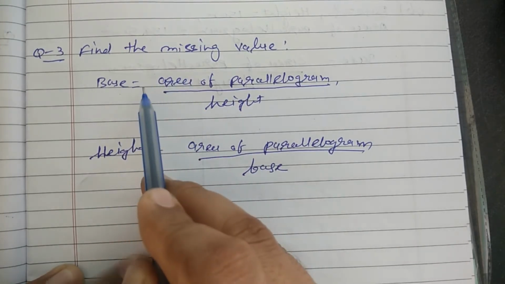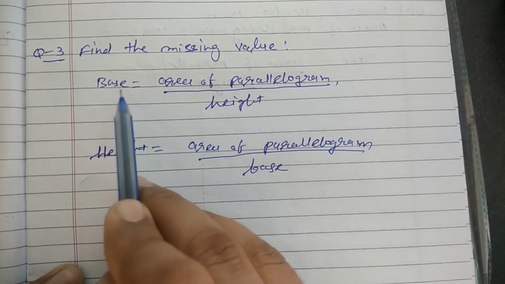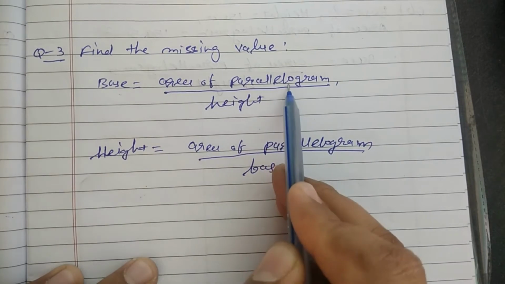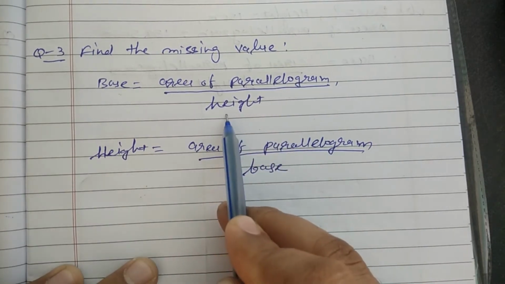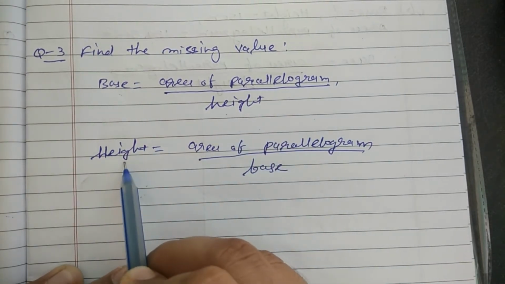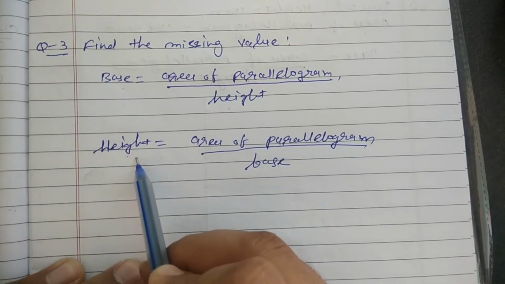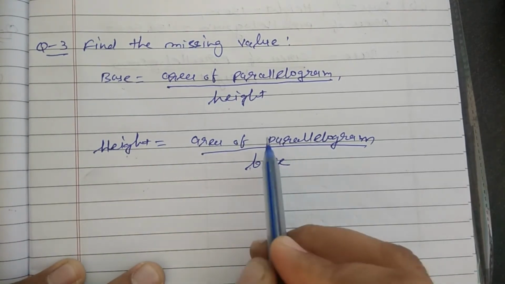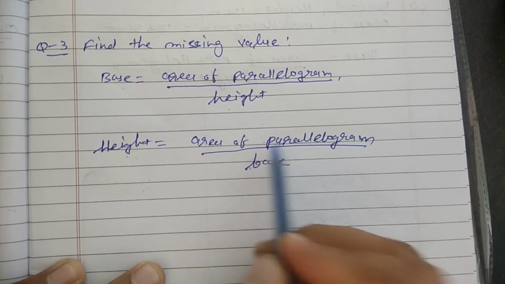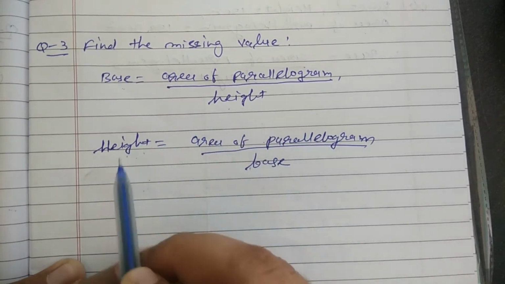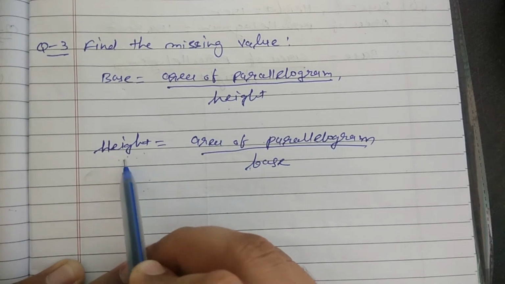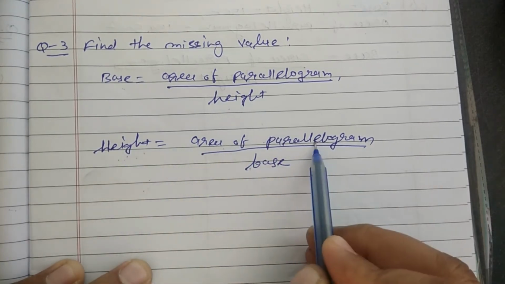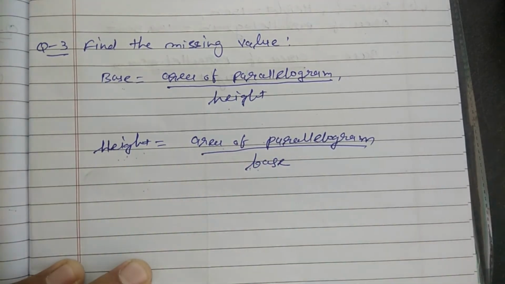So we will use this formula: base is equal to area of parallelogram divided by height. In other sums, if the value of base and area of parallelogram are given, then we have to find height. So for that we will use this formula: height is equal to area of parallelogram divided by base.